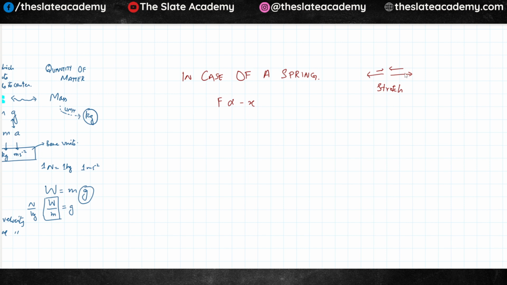And if I compress the spring, the restoring force would be outwards, away from the central position. So this negative sign just shows that the restoring force is opposite to the direction in which the spring is stretched or compressed. Then I can say F is equal to negative kx, where k is the spring constant.